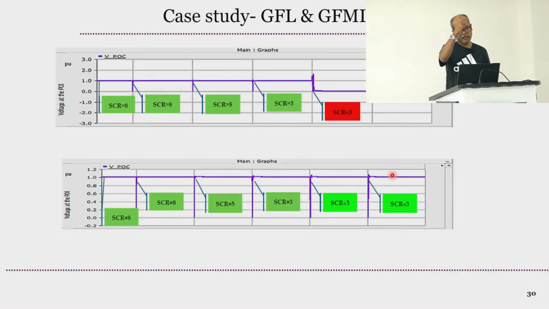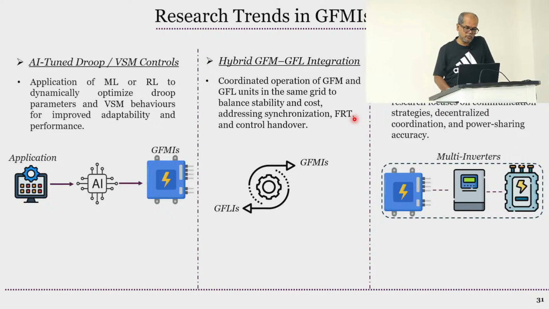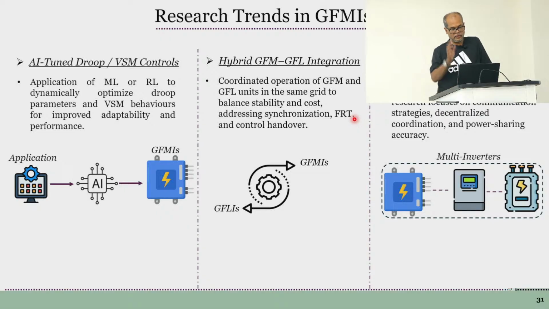I showed one example, but here also in the same system, when your SCR is less than 3, you see that the system collapse is going unstable, but when you have grid forming, it goes back. Grid following cannot do that, and not only in this system. In most systems with low SCR, you might have problems.